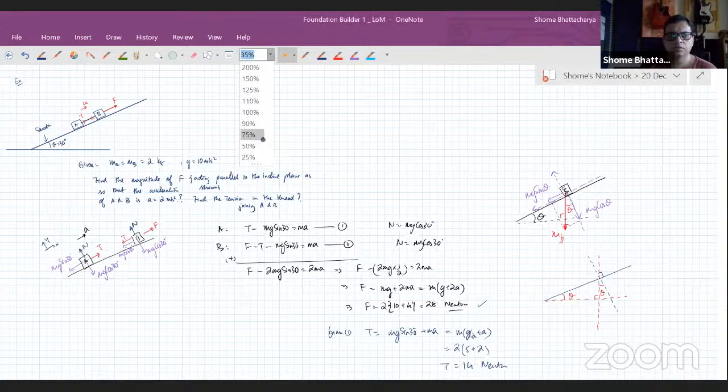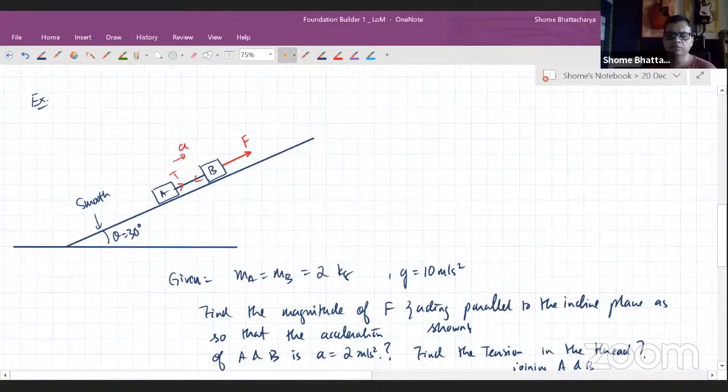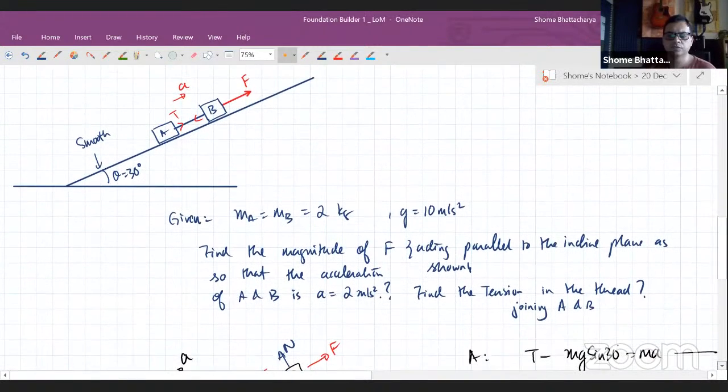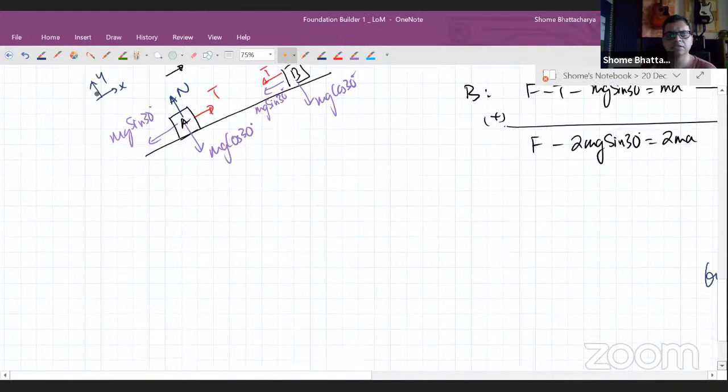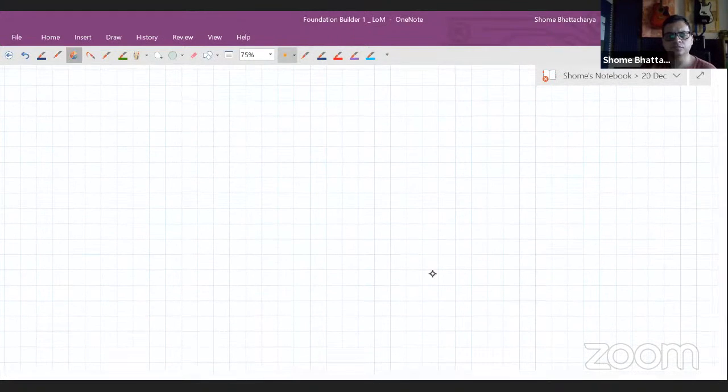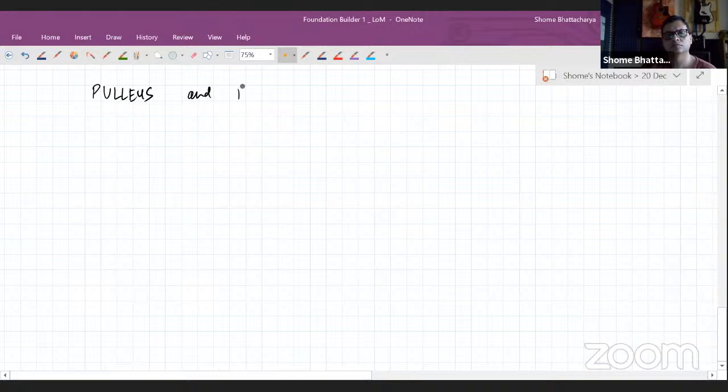Okay. Now, next up, we'll be discussing systems with pulleys. Okay, so let us understand. Pulley-based systems.